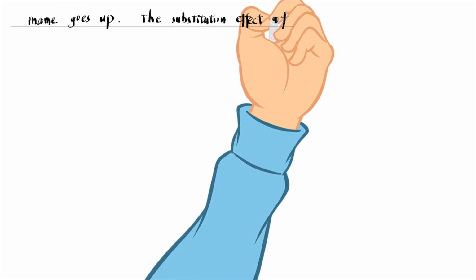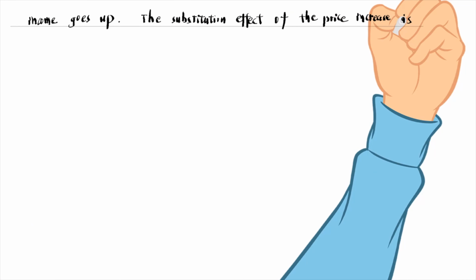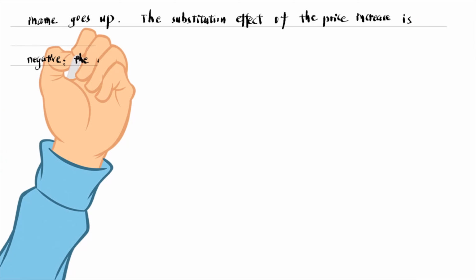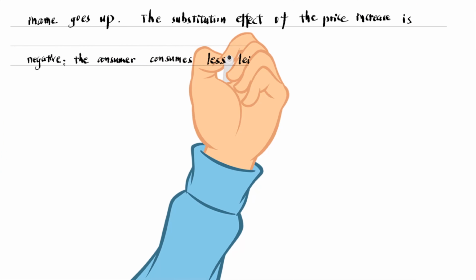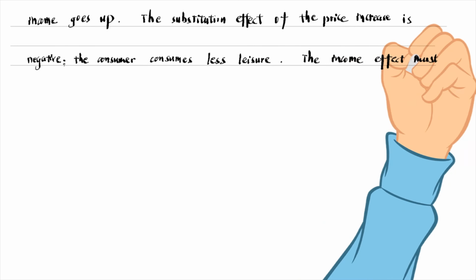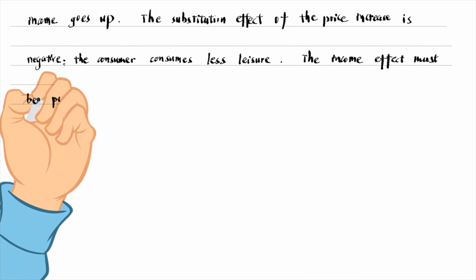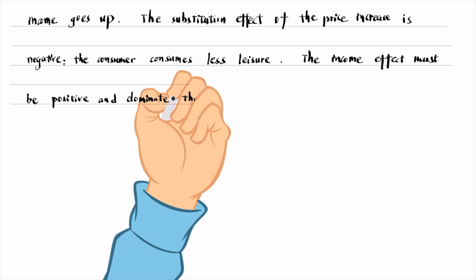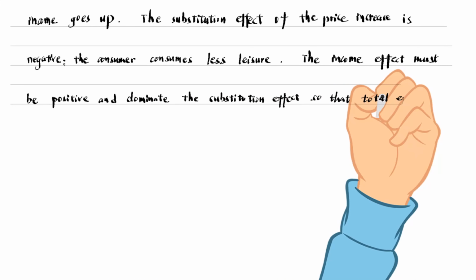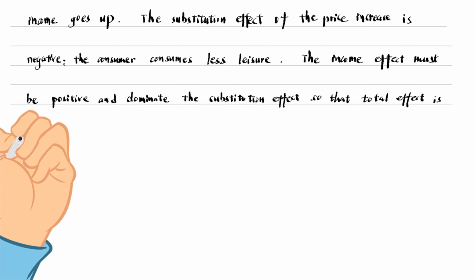The substitution effect of the price increase is negative. The consumer consumes less leisure. The income effect must be positive and dominate the substitution effect so that the total effect is an increase in leisure consumption.